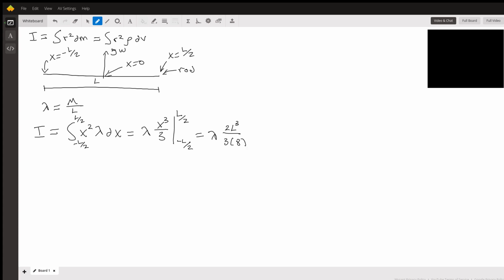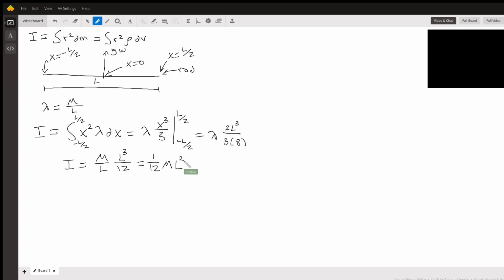And now we remember that lambda is equal to m over L, so this will be m over L times L to the third over 12. And this will just come out to 1 over 12 m L squared.